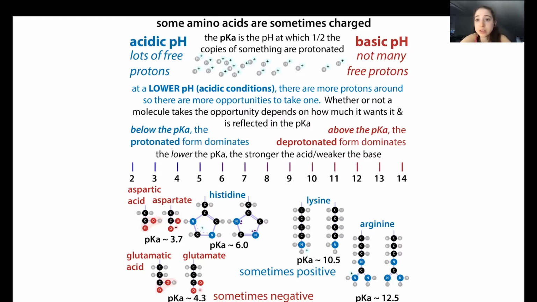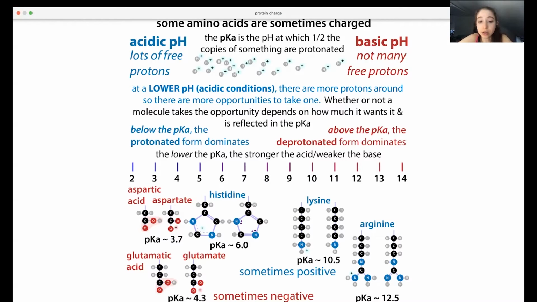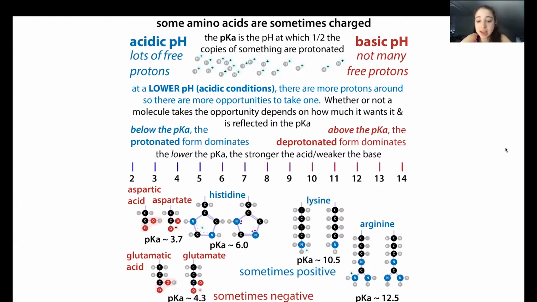Okay, so what if we look at the basic ones? These are going to be positively charged. We can see that they have these really high pKa's. Remember, in order for it to predominate in the deprotonated form, we need to be above the pKa.